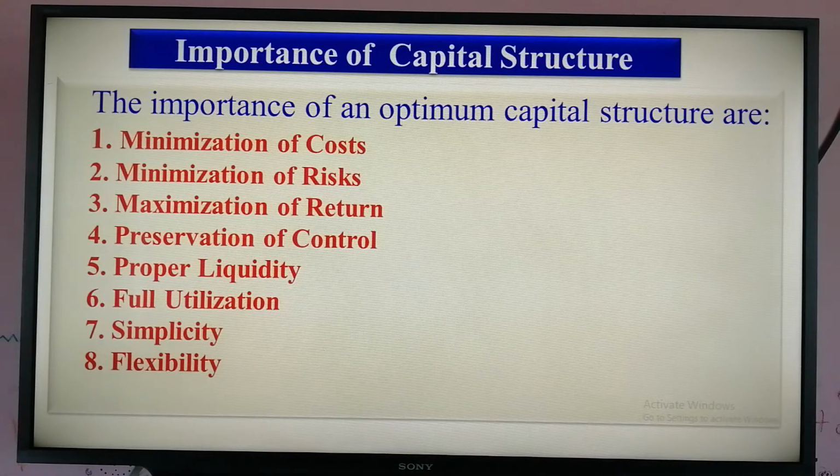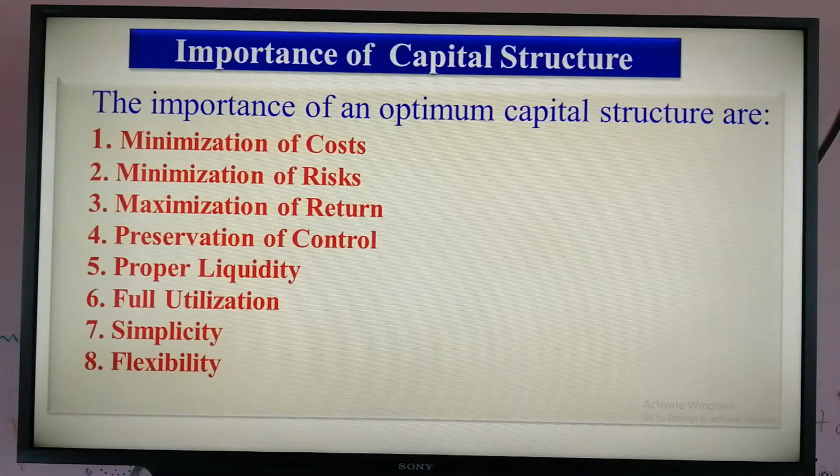On the other hand, if you keep a shortage of liquid money, after 6 or 7 months your money will be finished. Then you have to take a bank loan that will create cost. So proper liquidity ratio is important for capital structure.